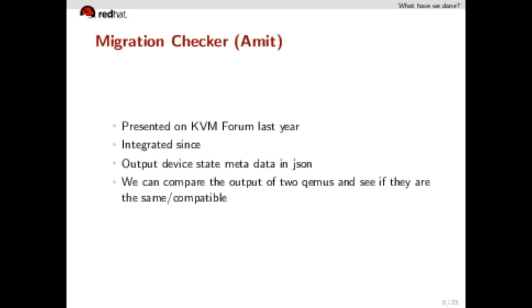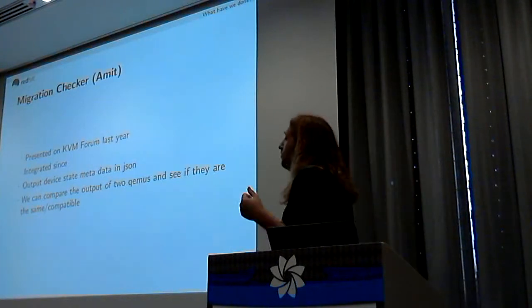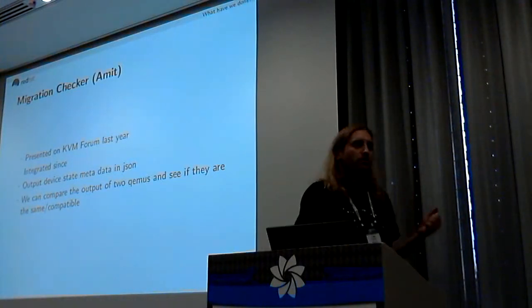Notice that I am describing things that are posted upstream. Not everything is still implemented, except for this one, where Amit did a migration checker. And what is a migration checker?